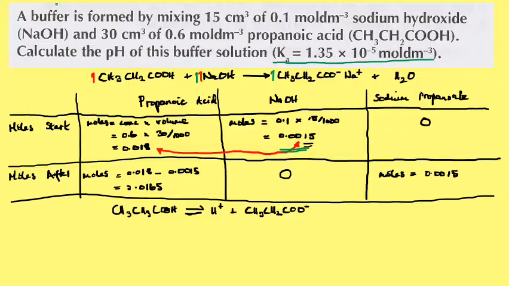So let's write out our expression for the acid dissociation constant. You'll remember that it is the concentrations of the products to the power of the moles in the balanced equation, divided by the concentration of the reactant, which is the propanoic acid.